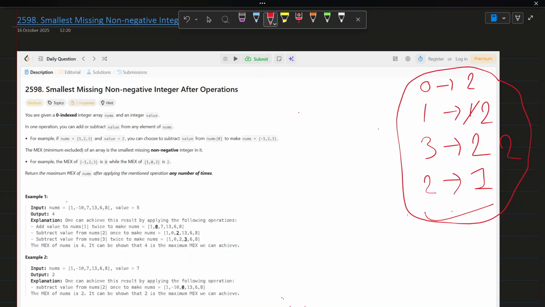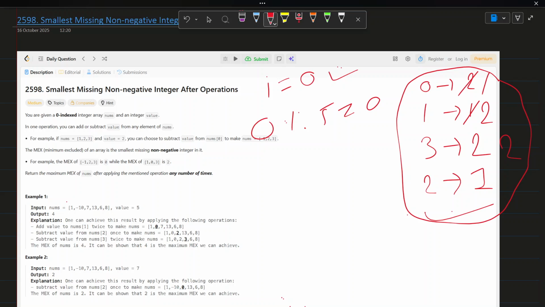So again, I start from 0, and this variable detects our final answer. For 0 modulo values, 0 modulo 5 means 0. 0 having frequency 2 means decrease by 1.